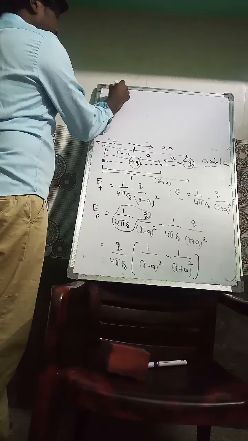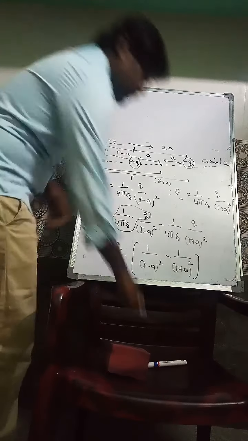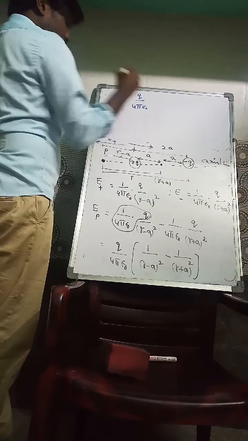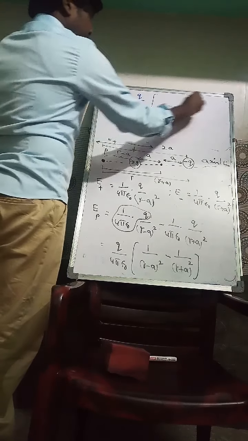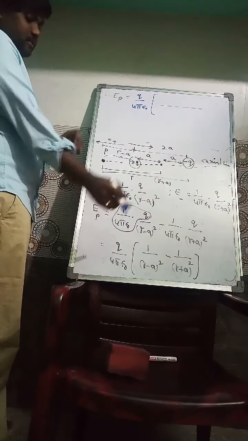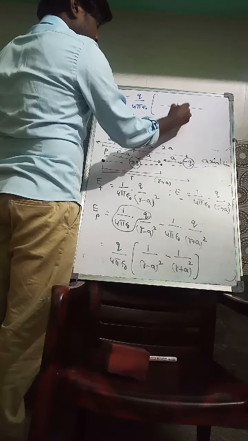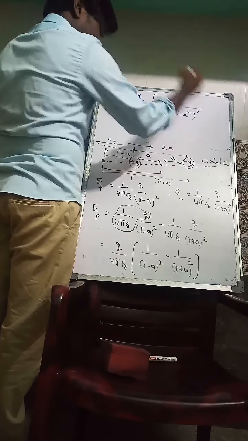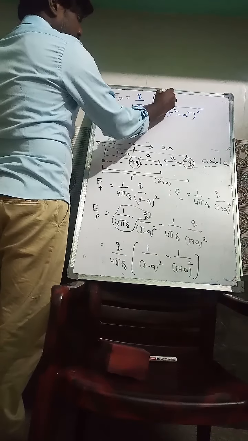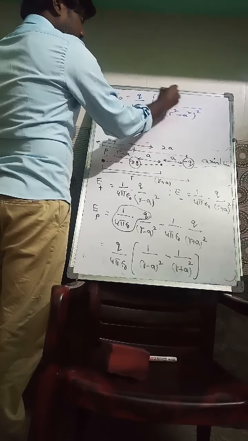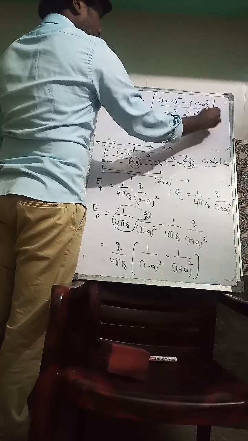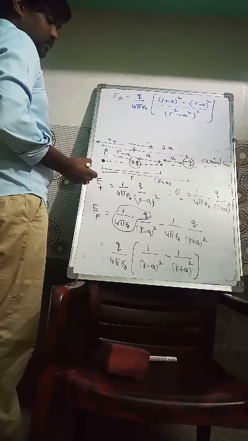So therefore EP is equal to Q by 4 pi epsilon naught. Here what is the LCM? This one into this one, so (R minus A) whole square into (R plus A) whole square. The numerator is (R plus A) whole square minus (R minus A) whole square.